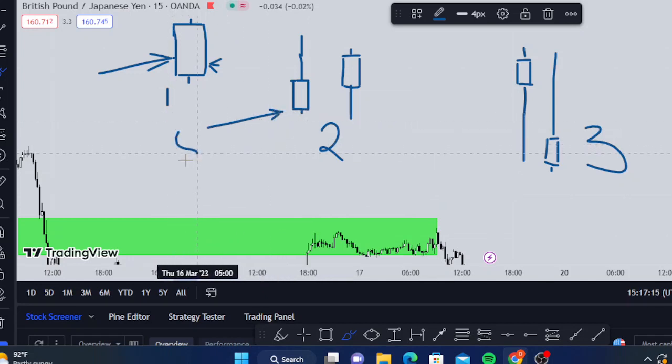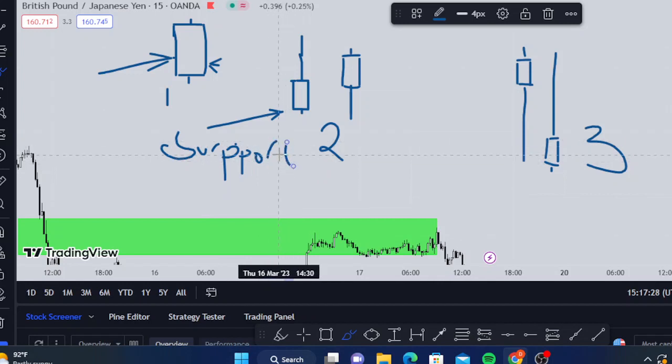This one is support. So this one is basically found on the support zone.